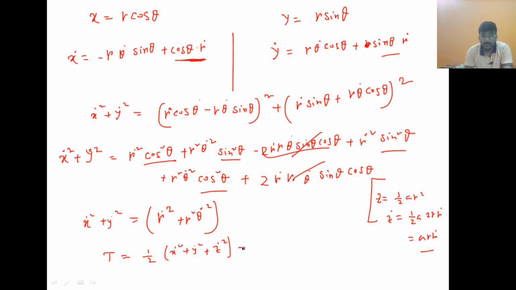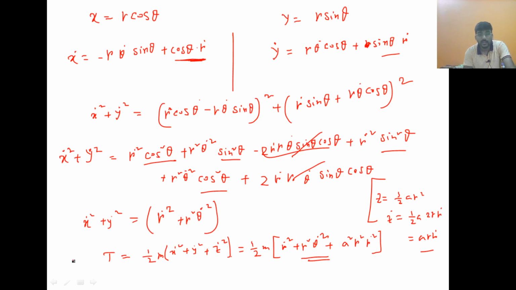So T will be half m into r dot square plus r square theta dot square plus a square r square r dot square. This will be T. So what will be T minus V?